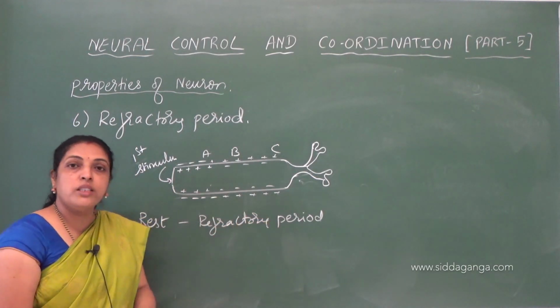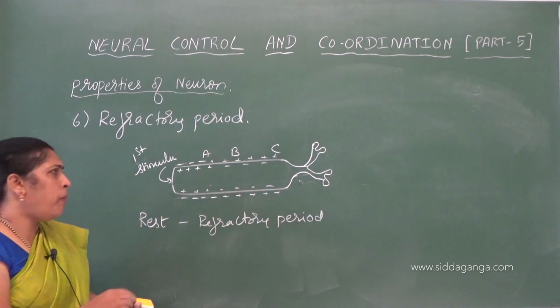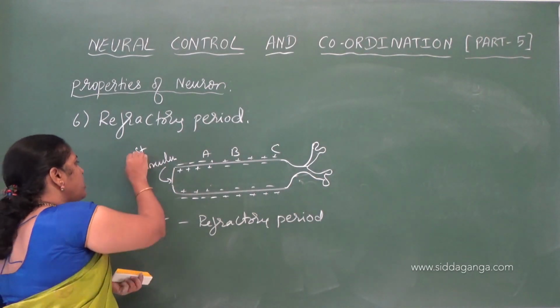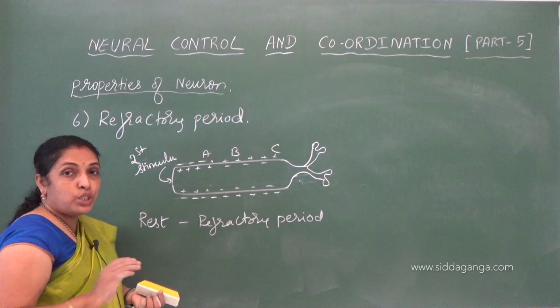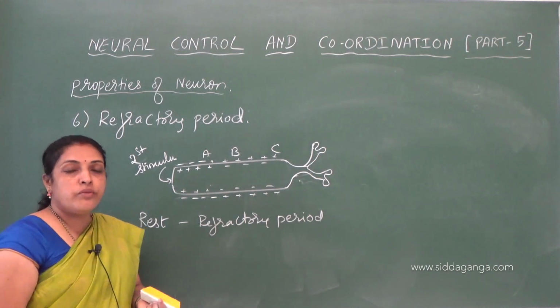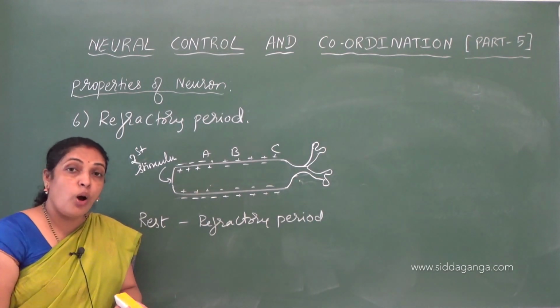During that refractory period, if you apply a second stimulus, the nerve will not be able to excite or conduct.